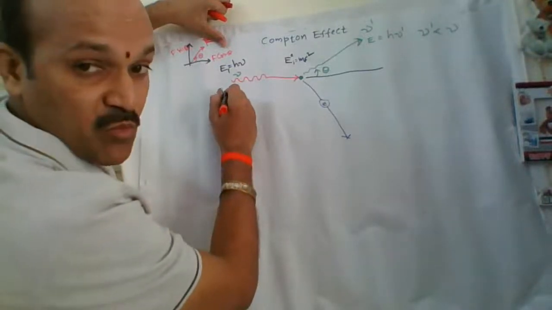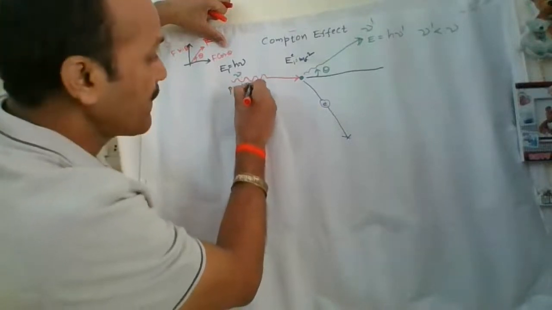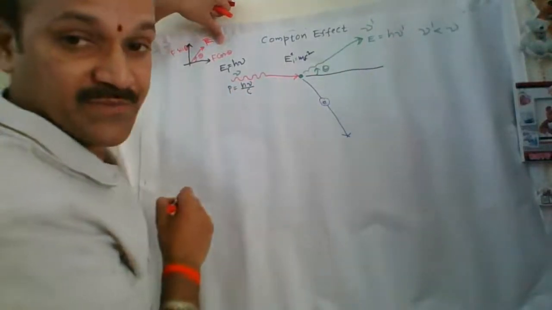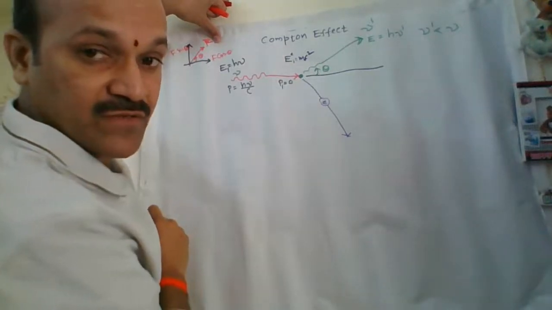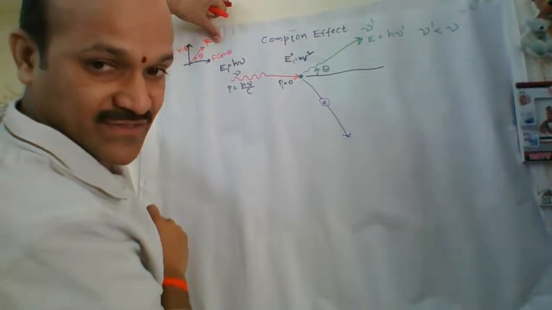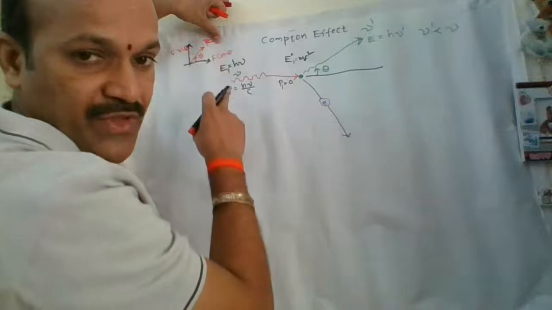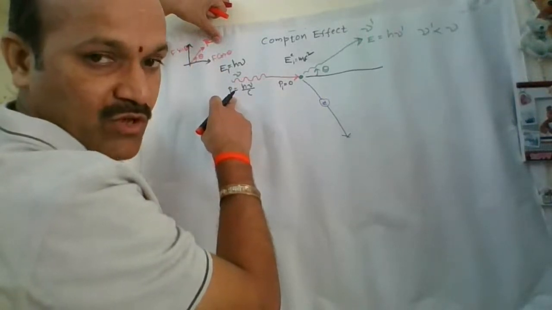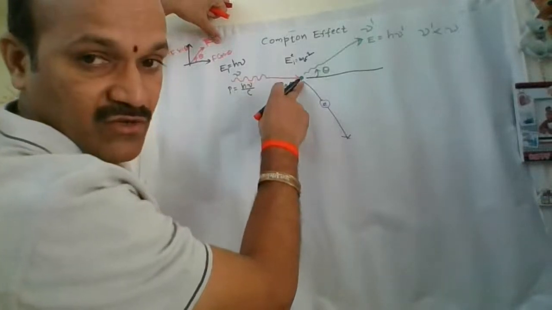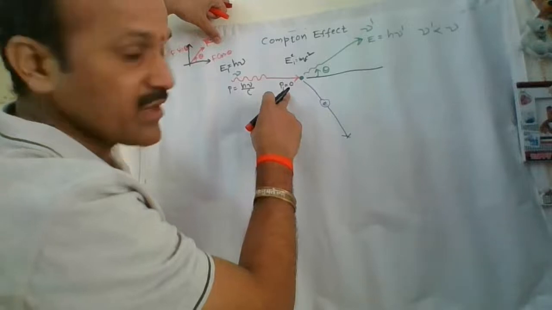What is the initial momentum of the photon? h nu by c. For the electron it is 0 because it is at rest, right? Energy of the electron is m naught c square and its momentum is 0.